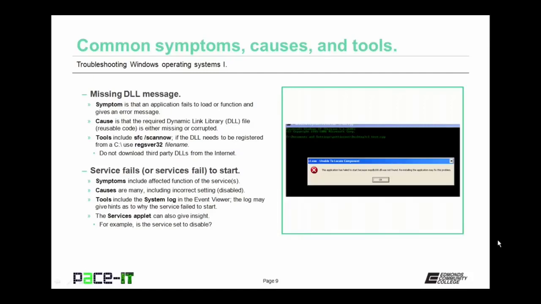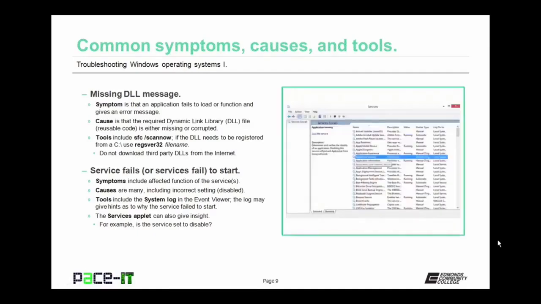A lot of times that'll reload the proper DLL file. In some cases, it may be necessary to register your DLL file, and to do that, you use the regsvr32 command. Whatever you do, do not download third-party DLLs from the internet. That's a common way to actually download and install malware on your machine.